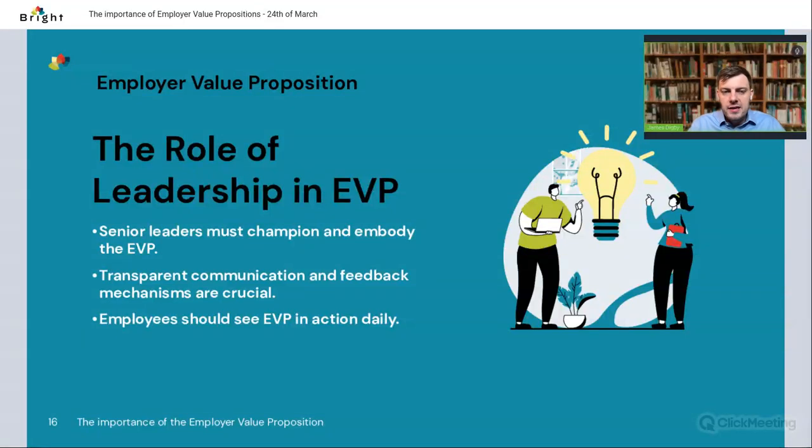So you can't really do this without having senior leadership involved. It's important that, first of all, SLT understands the extent that this work plays a role in attracting new people. They understand the difficulties of recruitment, and it's really important that you have very open, transparent communications and feedback mechanisms.